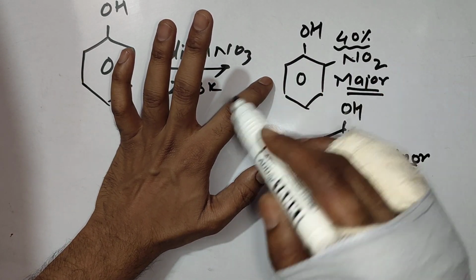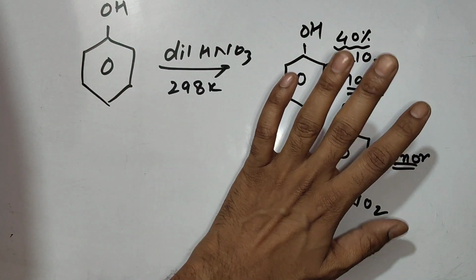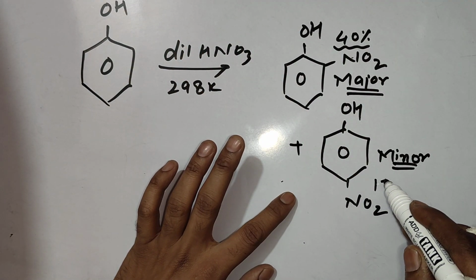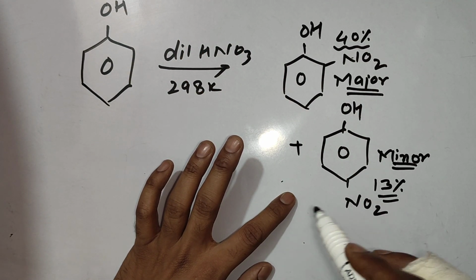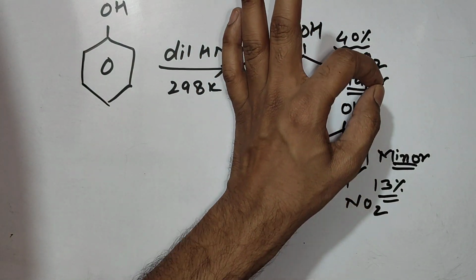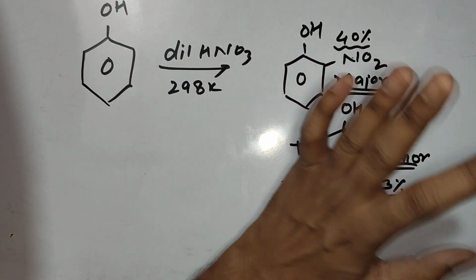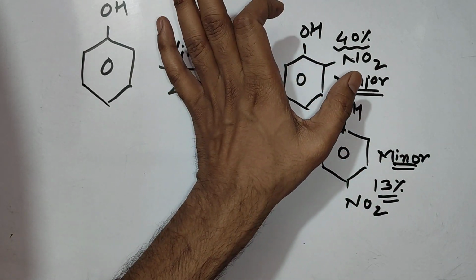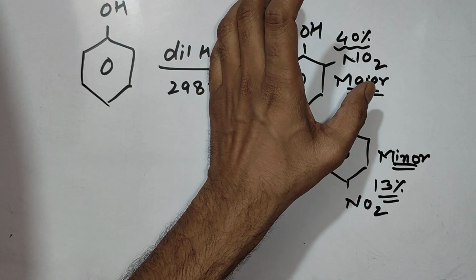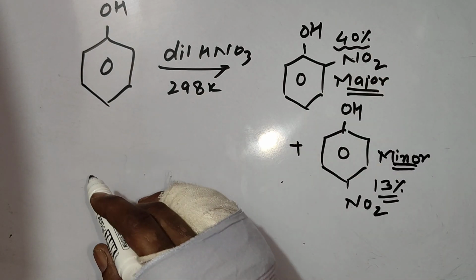These particles will be 40%, means in product out of 100, 40 particles will be of orthonitrophenol, and only 13 particles, means 13%, are of paranitrophenol. 40 plus 13, 53. Then where is the rest 47? Wait, I will tell you later. First, let's discuss this point. Why is ortho major? It should be minor. Why is it major as compared to para? This is the point. It is major due to this.